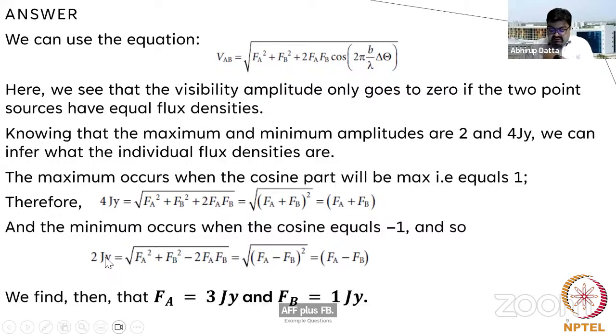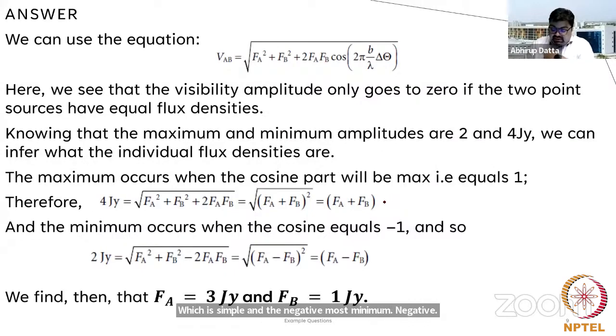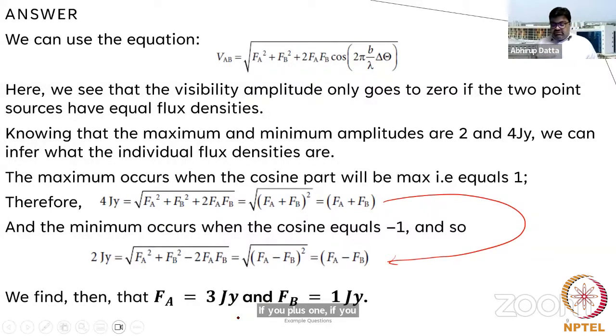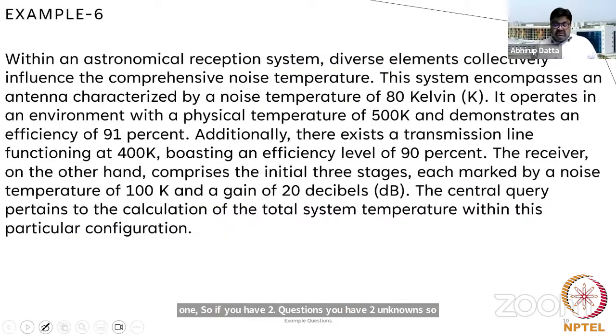And the minimum occurs when it is negative. So when you have two sources, it goes from F_A plus F_B to F_A minus F_B. So if you have two equations and two unknowns, you can solve for the individual flux density of the sources.